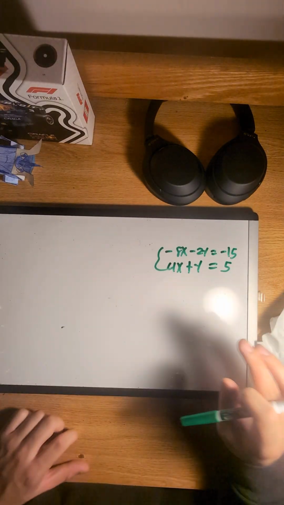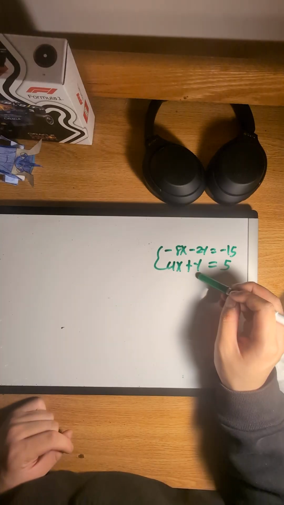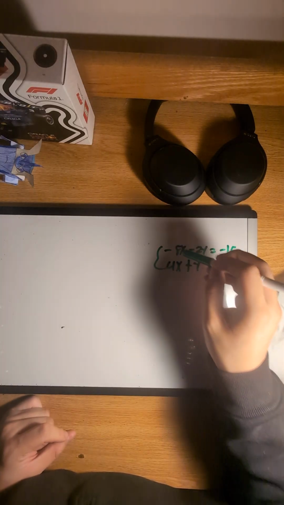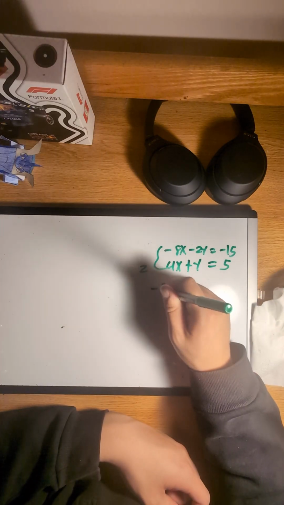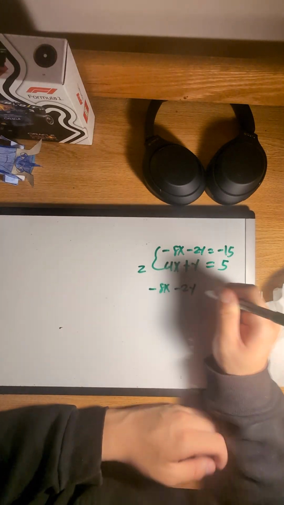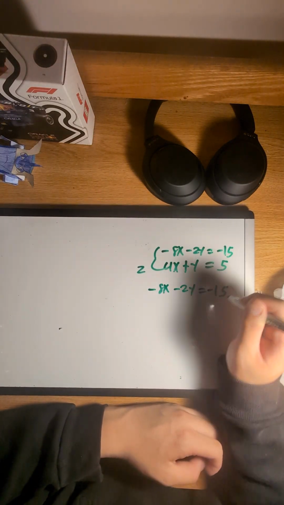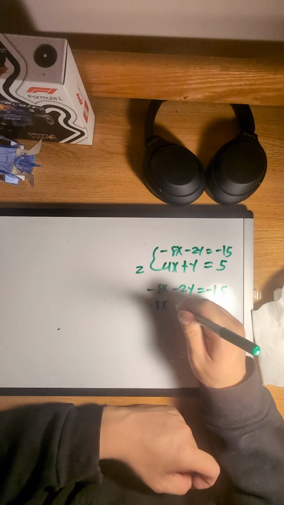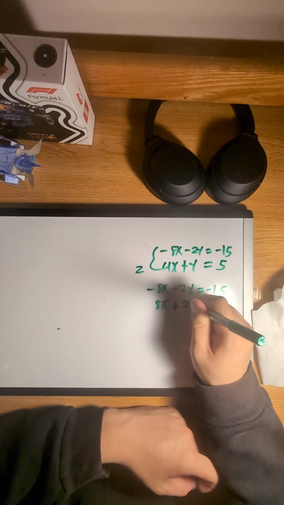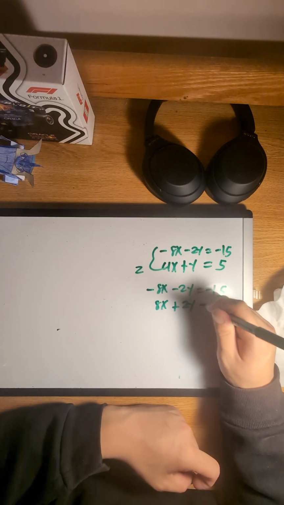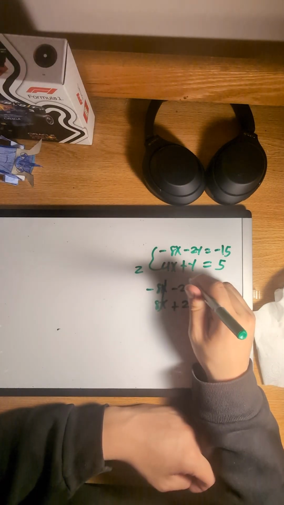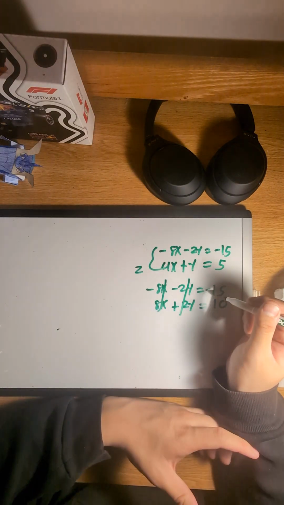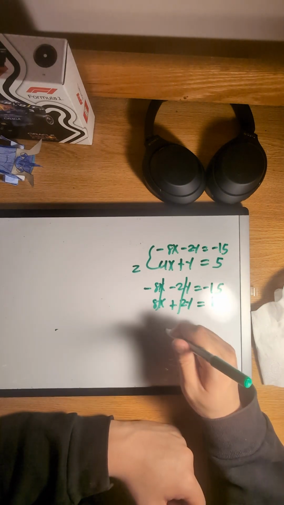What we can do is multiply this bottom one by 2 to eliminate this top x. That gives us negative 8x minus 2y equals negative 15, and then 8x plus 2y equals 10. So these cancel and these cancel, which gives us a 0.